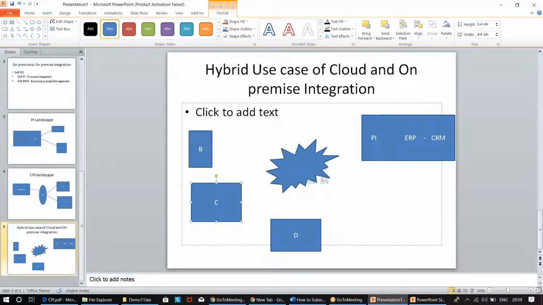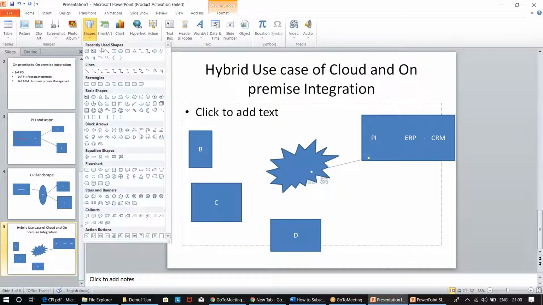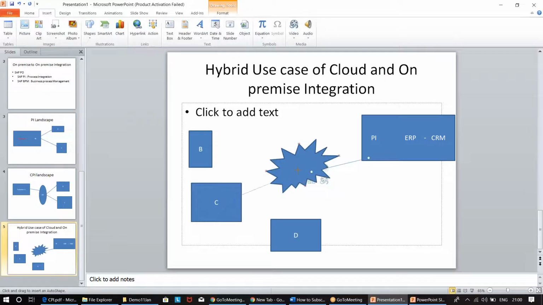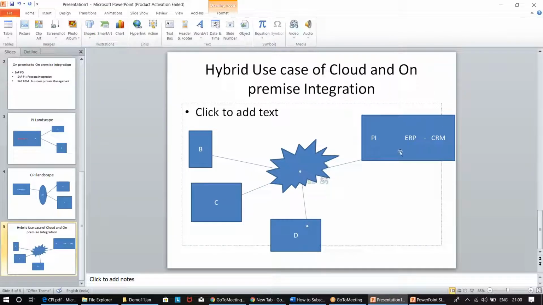So it is quite feasible that we have this kind of hybrid landscape where all the systems communicate with each other, having both on-premise middleware and cloud middleware. Because the customer landscape is very much fragmented. I'm not talking about a very small company, I'm talking about a Pepsi, who have all these different systems, ERP, CRM, SCM, all communicating through PI.